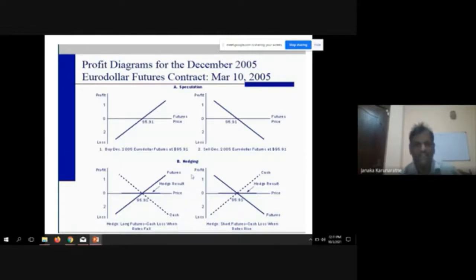If the interest rate falls, what happens to the futures price?